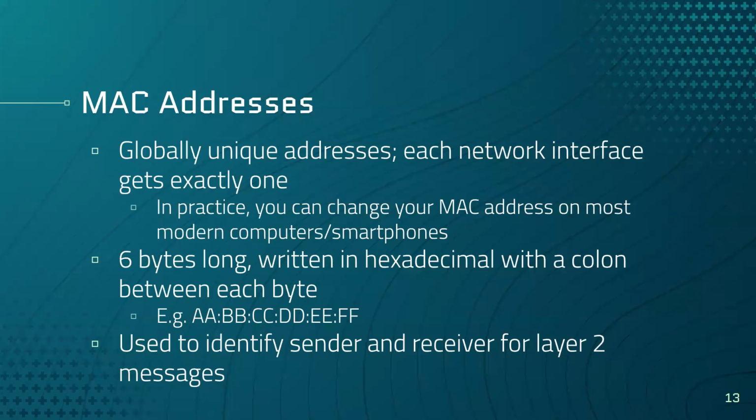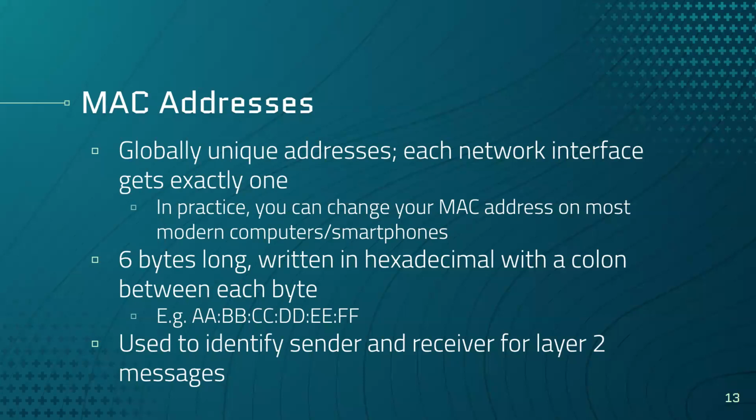Each of them is 6 bytes long, and they're written in hexadecimal, which is just a way of representing numbers. So we use the base 10 system, 0 through 9, binary is 0 and 1, and hexadecimal is 0 through 9, and then A through F, so 0 to 15. In this case, you can see it's AA, BB, CC, DD, EE, FF.